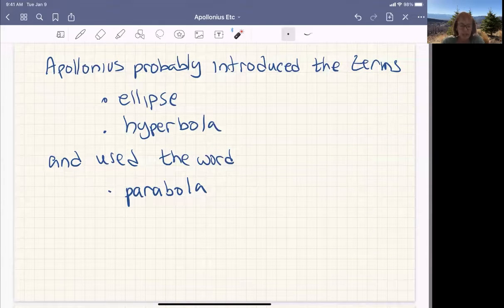Now, Apollonius probably introduced the following two terms: ellipse and hyperbola. And then he used the word parabola. Now, the words hyperbola and parabola share a common part. The "bola" means thrown.